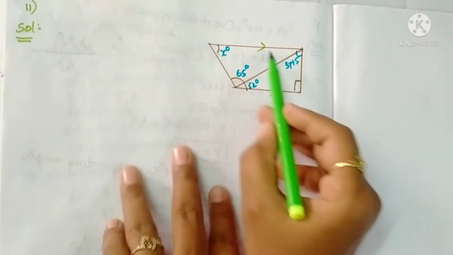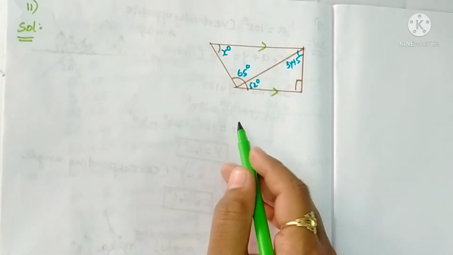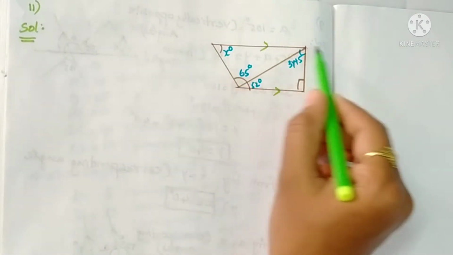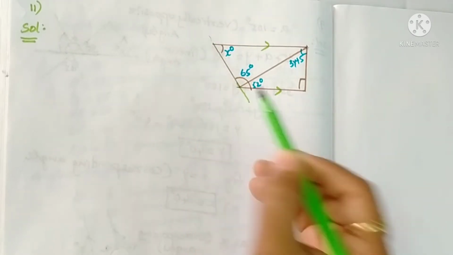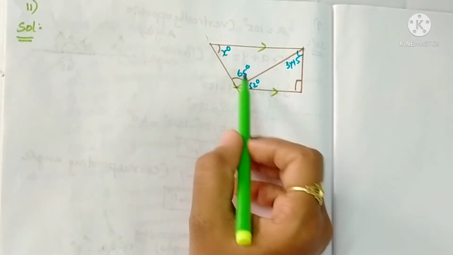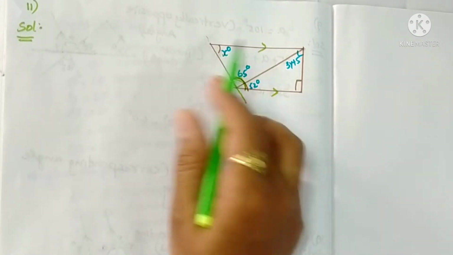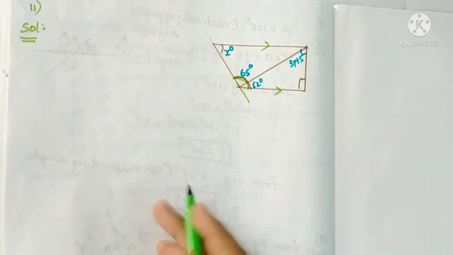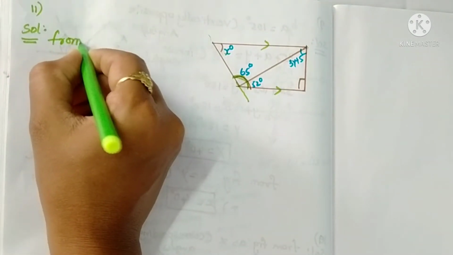11th problem. Here these two lines are parallel. We want to find out x and y. See, these are parallel lines and if we take this as a transversal line, here x and this total angle are interior angles lying in between these two lines. So co-interior angles are supplementary.